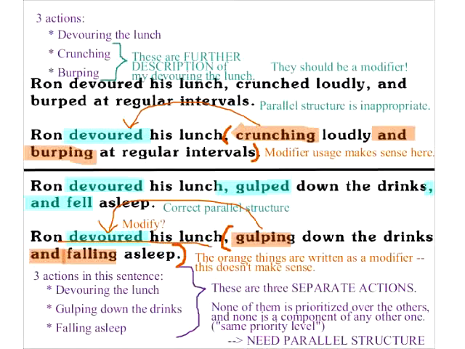So it's additional description. So notice again, as usual, the intention is everything. I mean, there's no such thing as grammar alone. Like, you can't judge grammatical structures until you know what message they are supposed to convey or intended to convey.